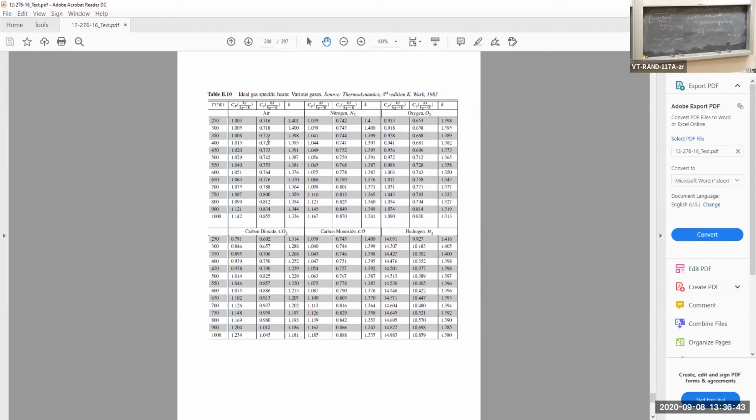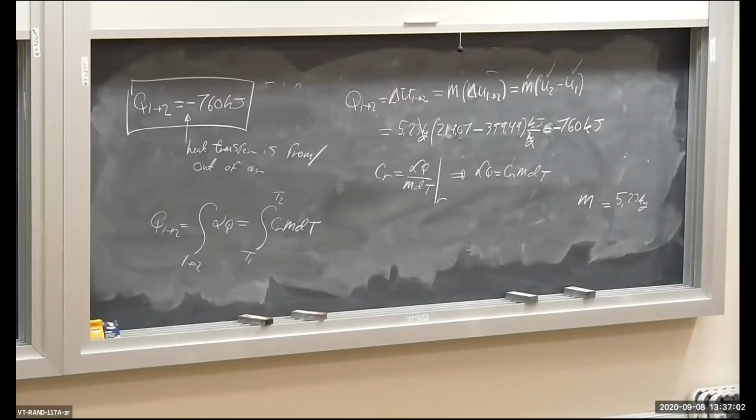It looks like maybe about 5%. I'm going to assume Cv evaluated at 400 degrees and use it to estimate my heat transfer. 0.726 kilojoule per kilogram Kelvin is my specific heat.